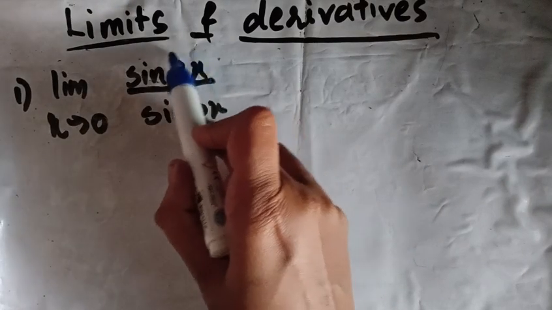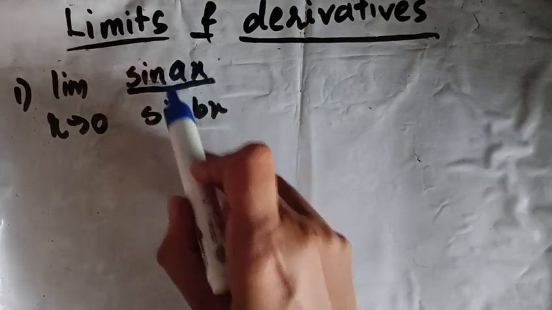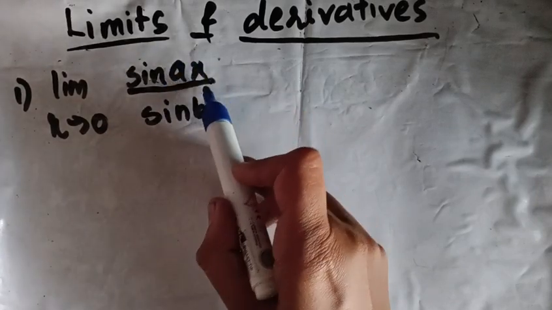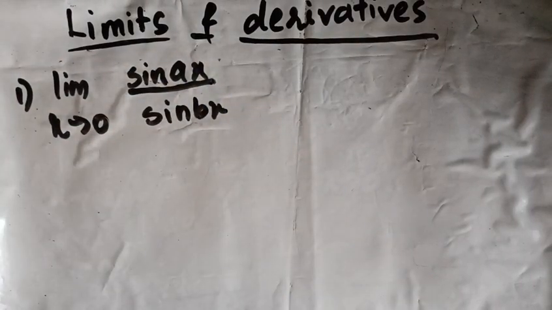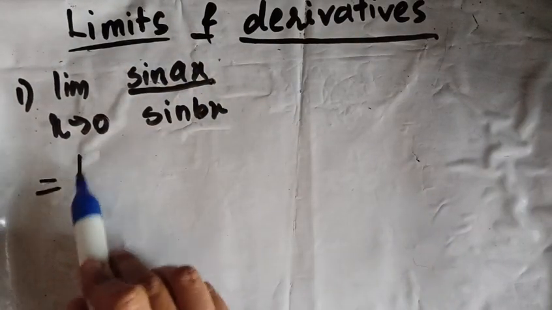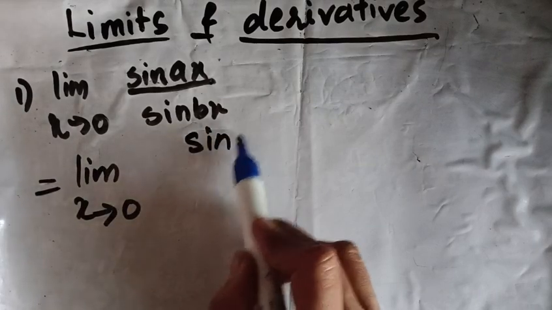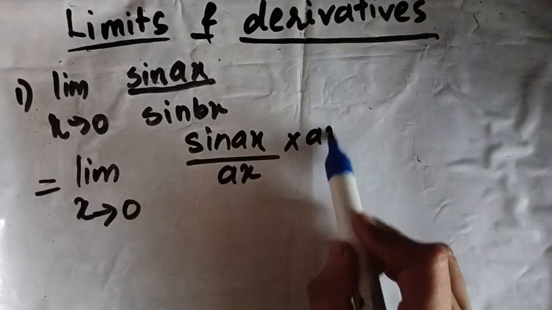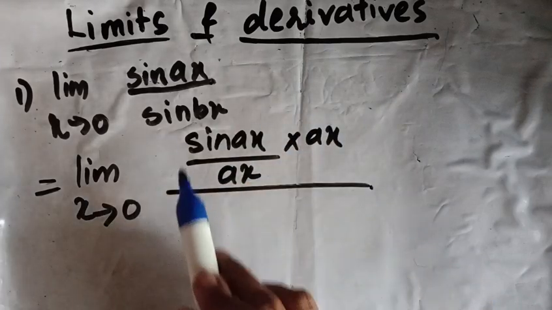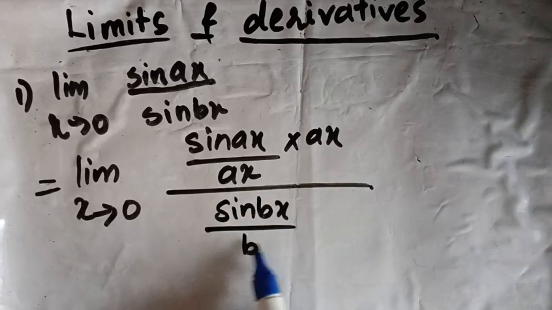Whatever the angle is, that angle has to be in the denominator. So we have to divide and multiply, that is, dividing by ax and multiplying by ax. The same way we have to do the same thing in the denominator also.